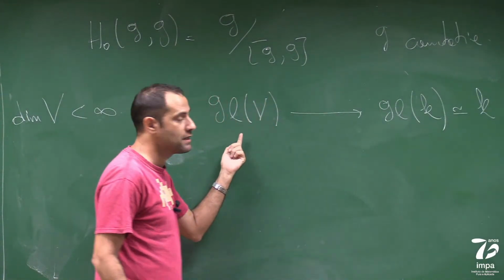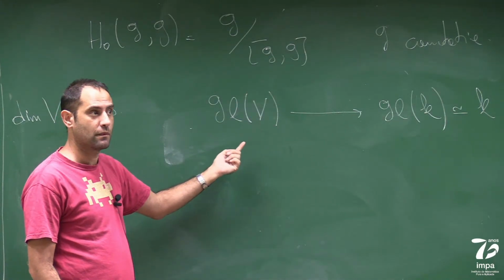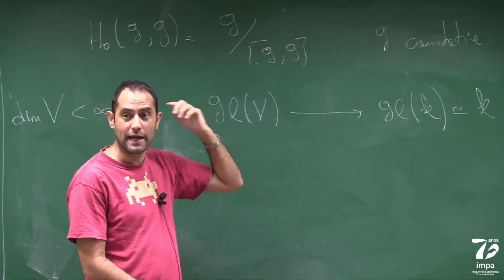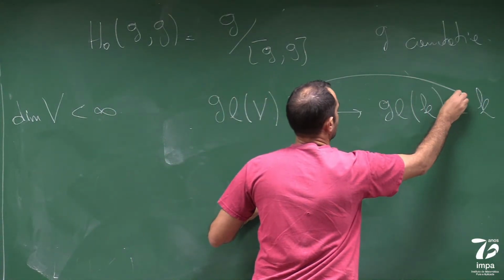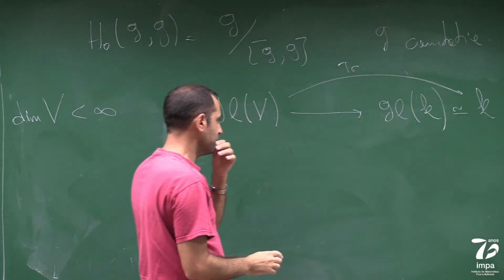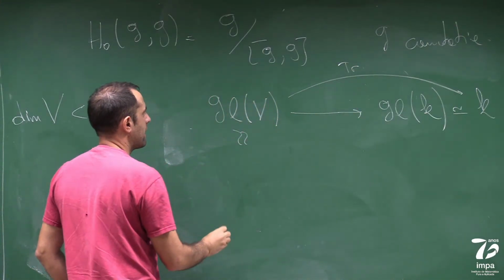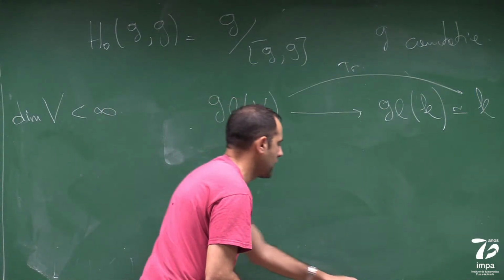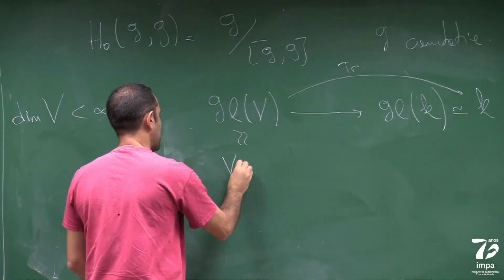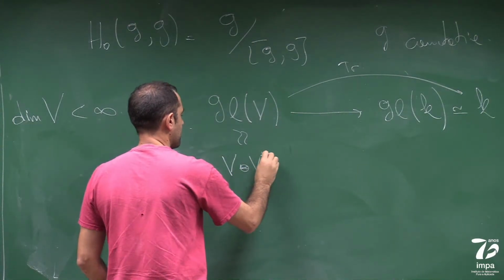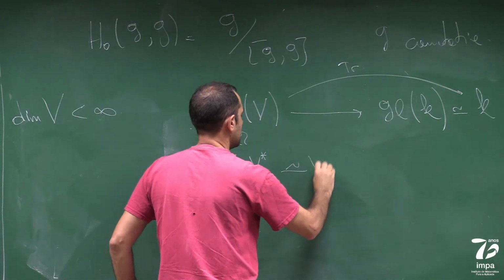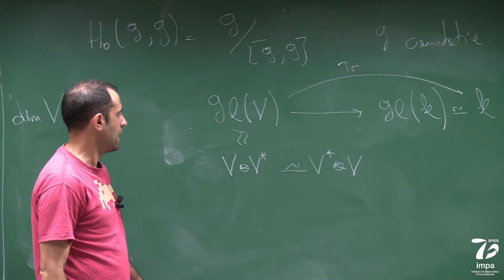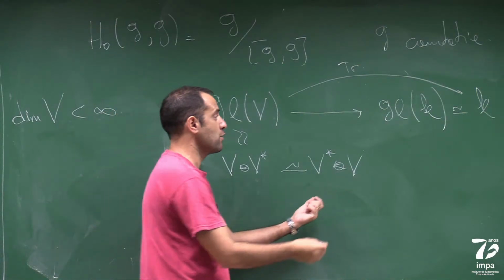But when V is finite dimensional, there's another representation. Well, actually, any linear map works, but there's one that is nice, which is the trace. You can write this as V tensor V dual, which is isomorphic to V dual tensor V. And if you have a linear function and a vector, you can evaluate.